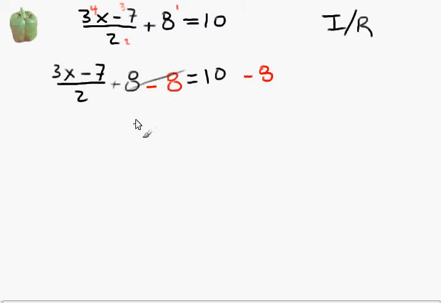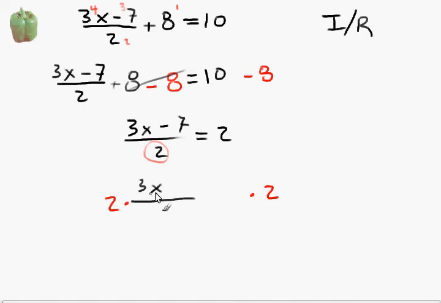Now these will cancel out and we'll be left with (3x - 7) divided by 2 is equal to 2. 2 is now our focus, so we're going to multiply both sides of this equation by 2. The left-hand side simplifies to 3x - 7. Our right-hand side is 4.